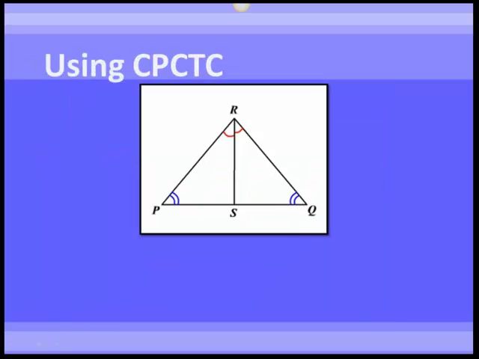So let's have this triangle here. We can prove that this triangle is congruent by the angle-angle-side theorem. Why? Because we know that angle P is congruent to angle Q. We are also given that angle PRS is congruent to angle QRS.